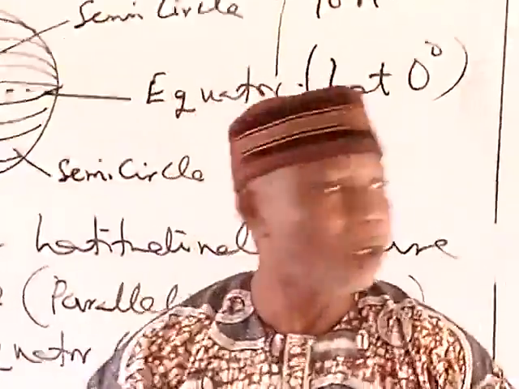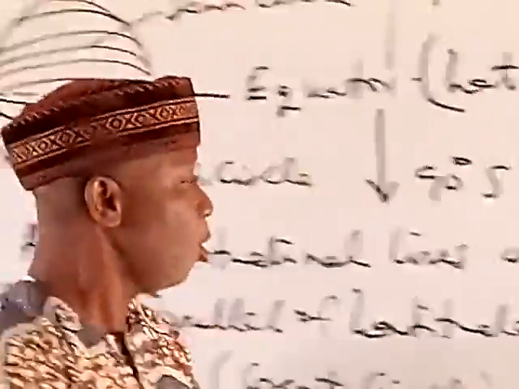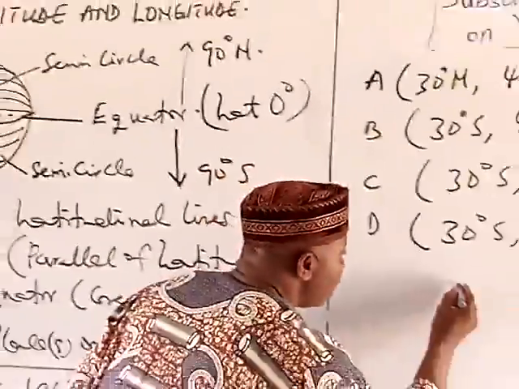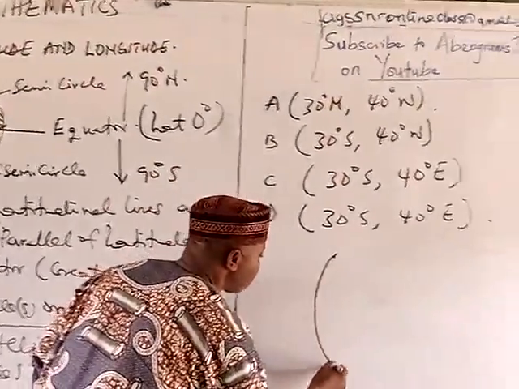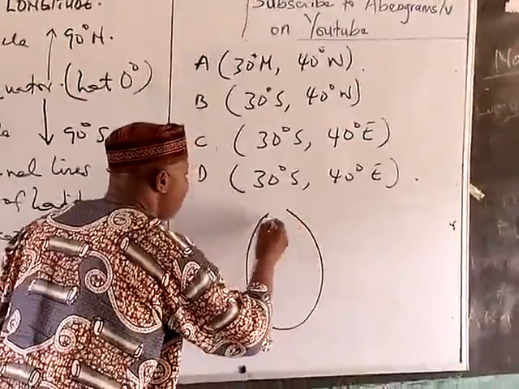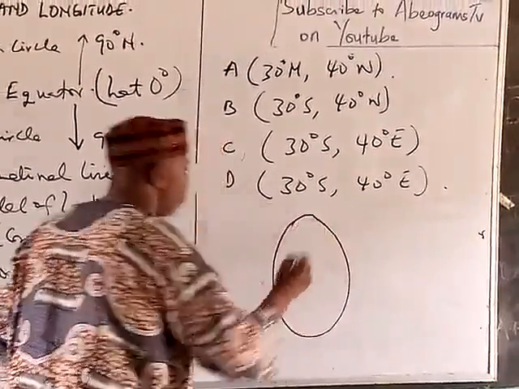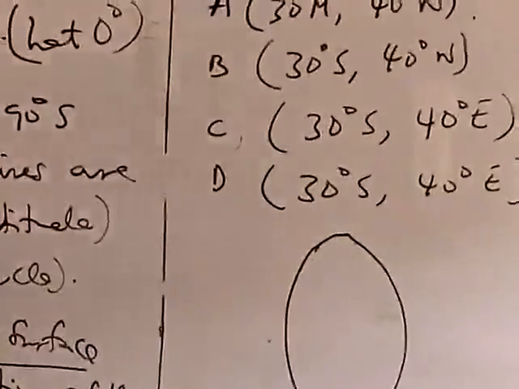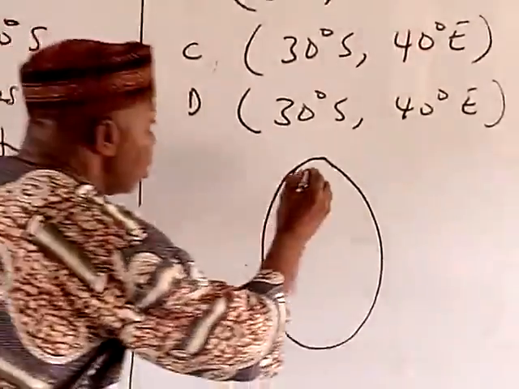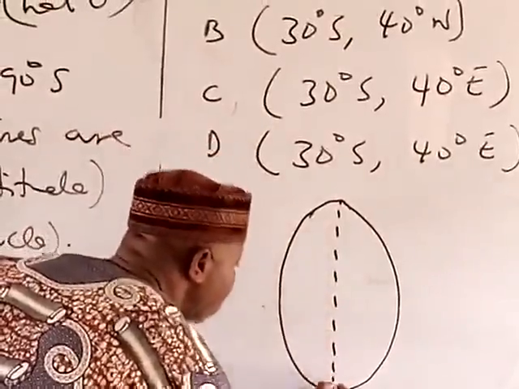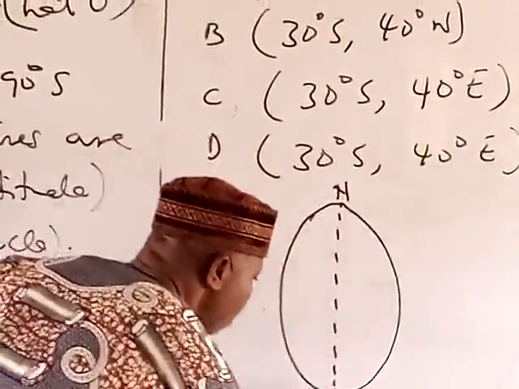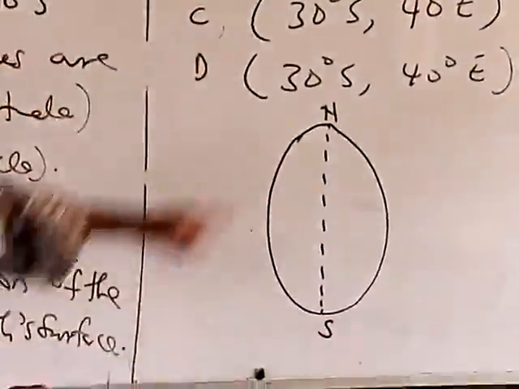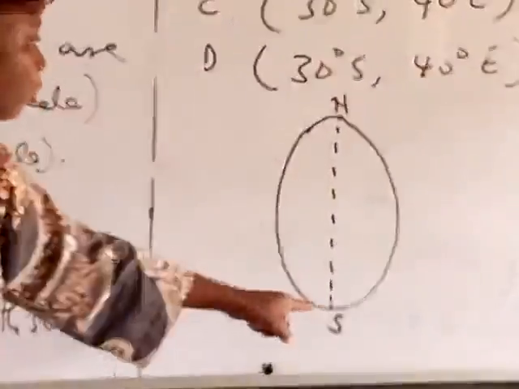to draw the Earth. You draw it in this form, and the following must be shown. Your polar axis, the north, the south. This is your polar axis that runs from the north to south.